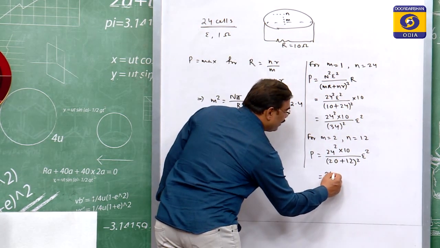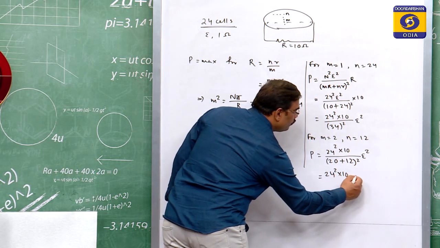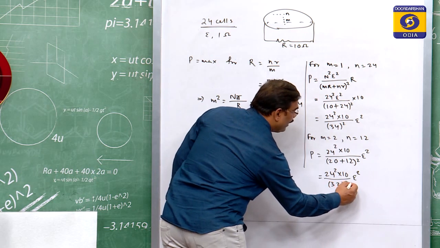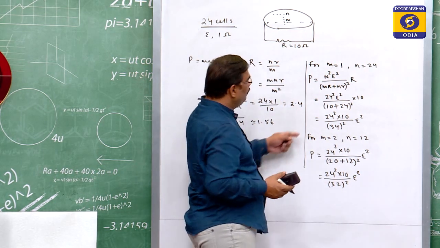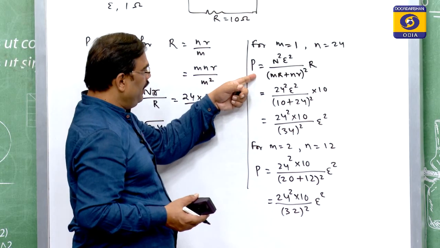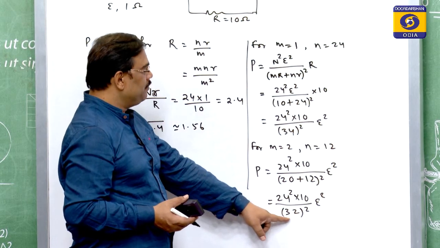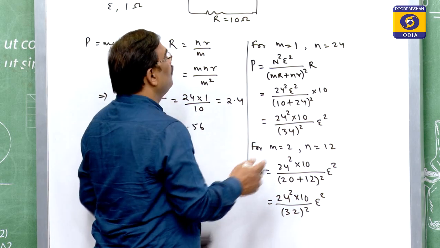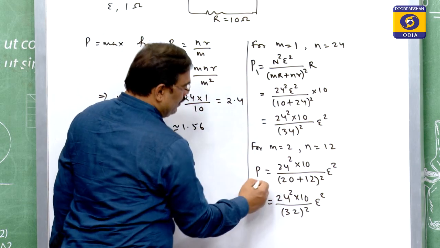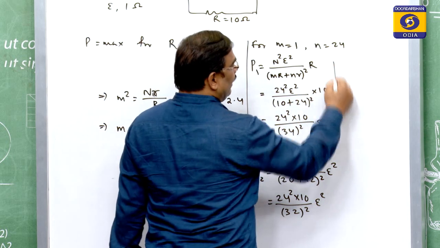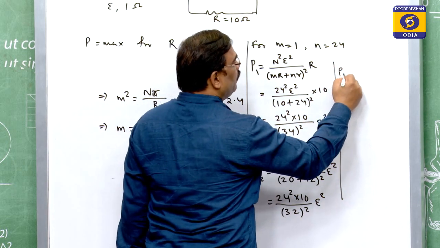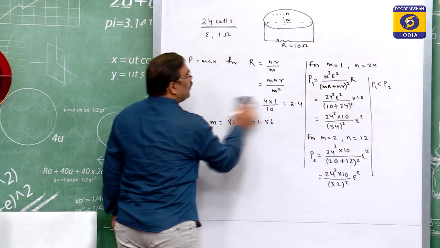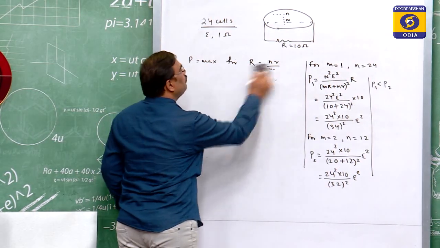Now, if we compare the two, this will be 32 square. So, clearly the denominator of this power P and the denominator of the other power P, if we compare, this is more. So, this power will be less. Let us take this as P1 and this as P2. What we get is P1 is smaller than P2, or we can say the power P2 is maximum.